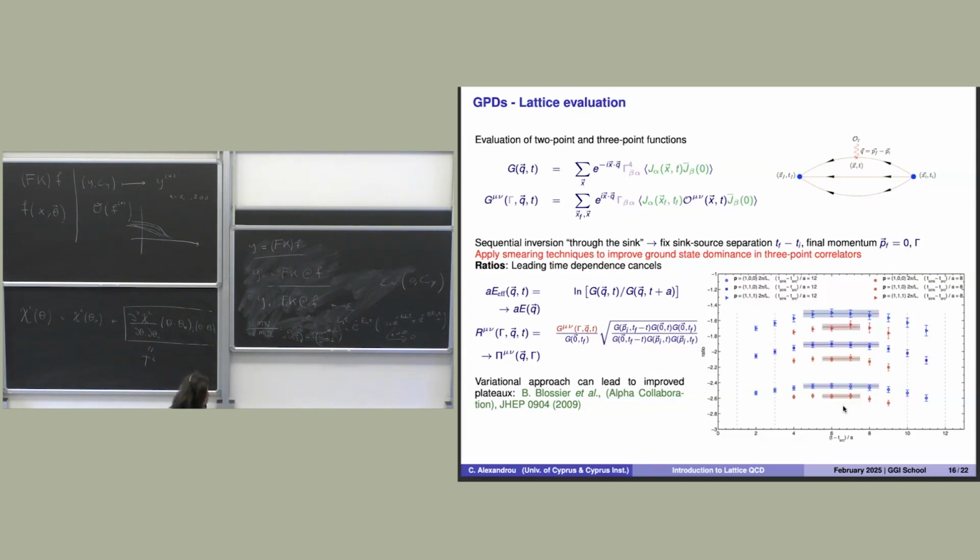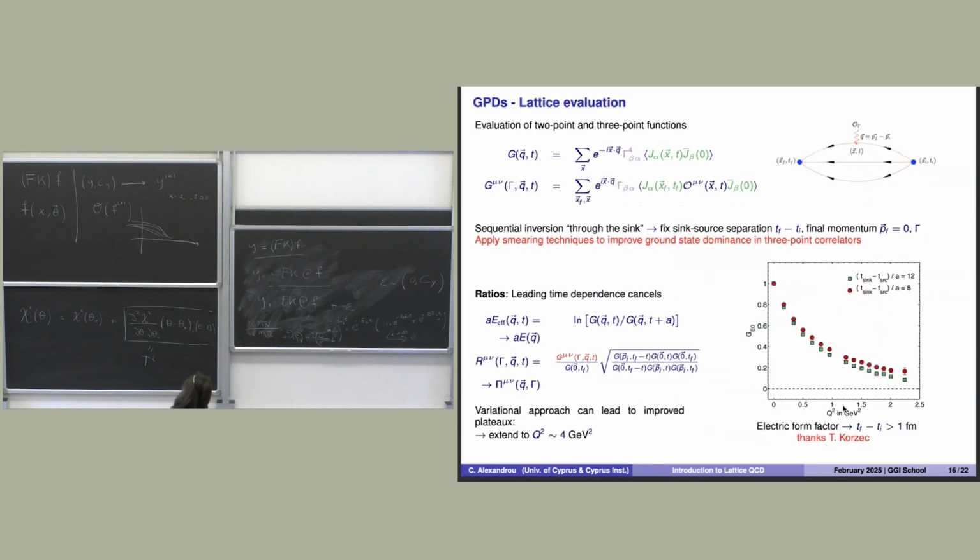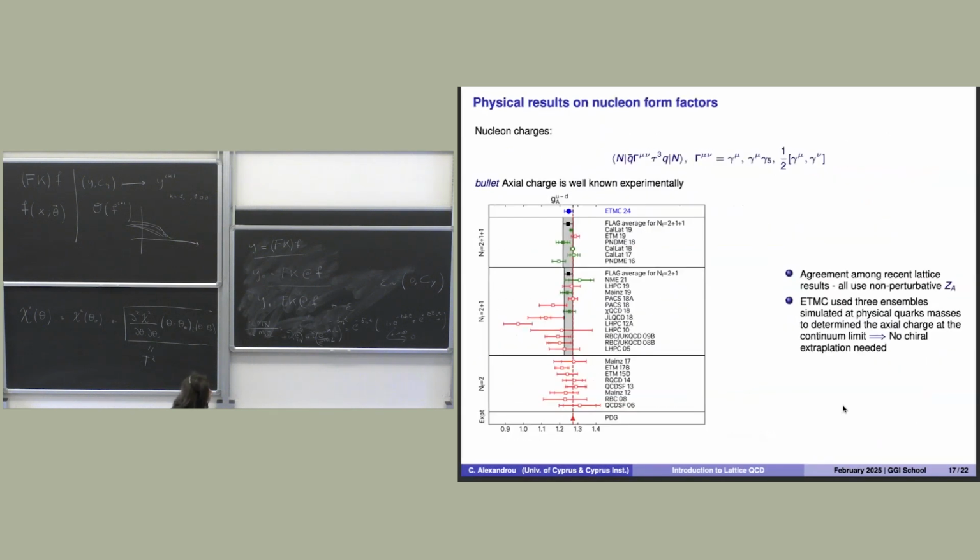And it's demonstrated here. Okay, so let's go on. A first quantity that we all compute on the lattice, you see many lattice collaborations, a lot of points. This is FLAG. This is the matrix element of the axial current.